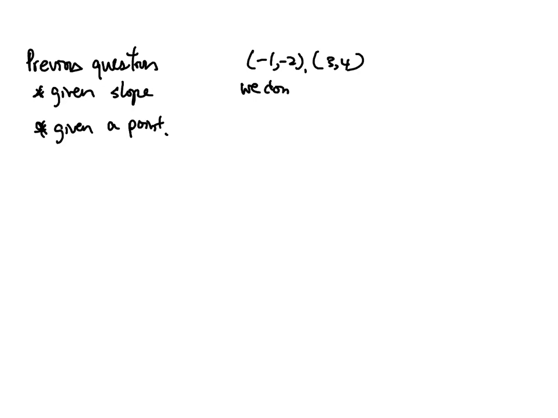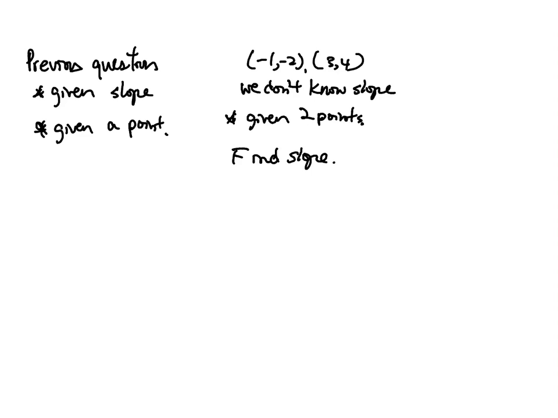So we don't know the slope, but we are given 2 points. So that means the first thing you should be looking for is find slope. That should be the very first thing that you do.